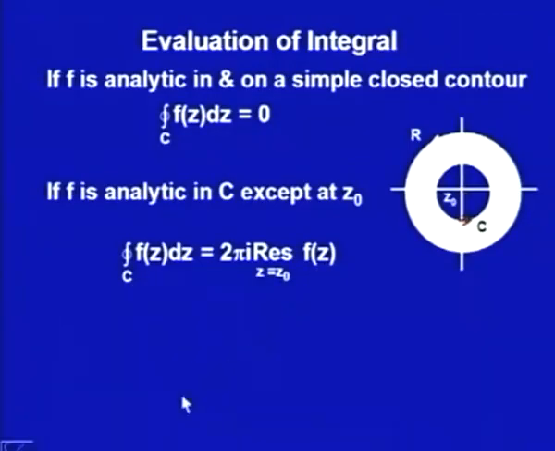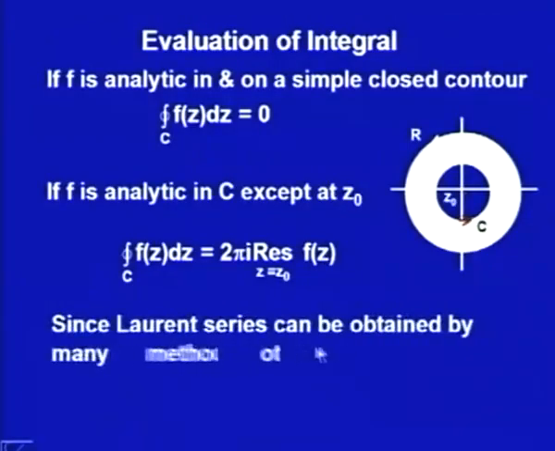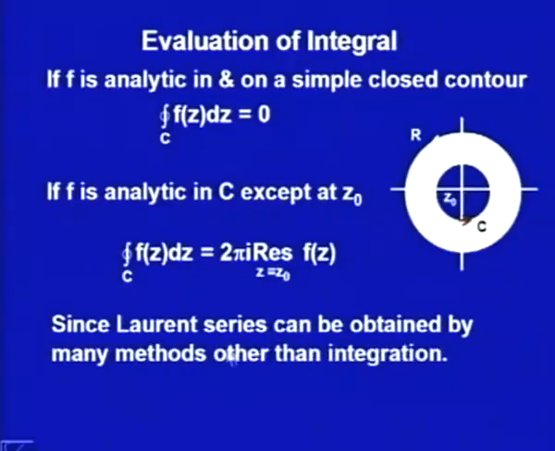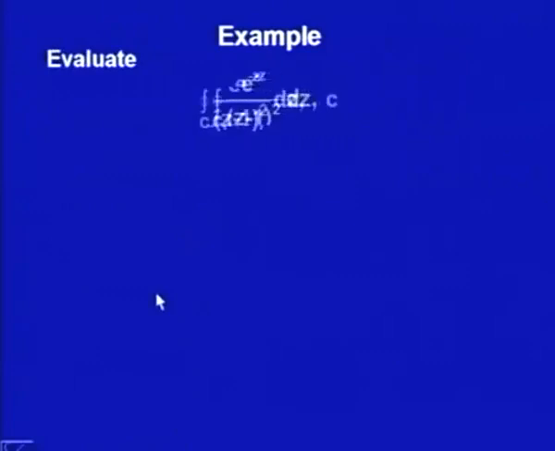So now we have a new formula, and as I said, this Laurent series can be obtained by many methods other than integration. The evaluation of this formula would help us in the evaluation of integrals. Let us see one example.